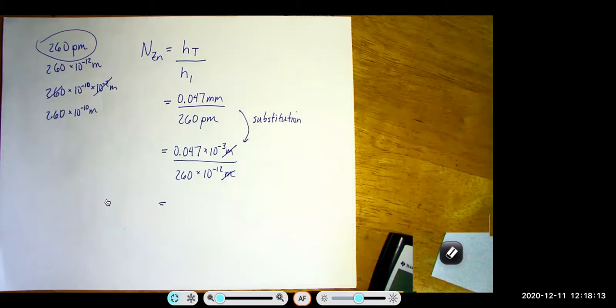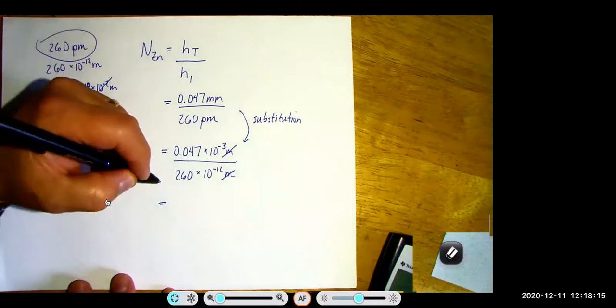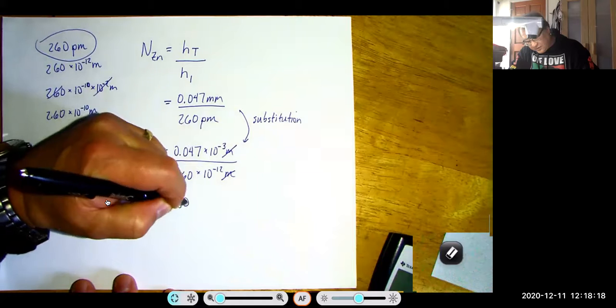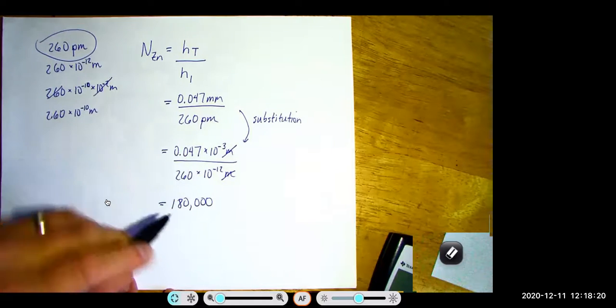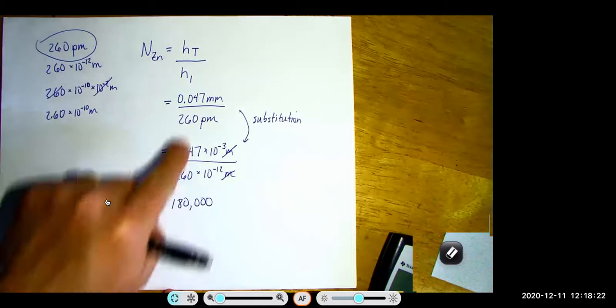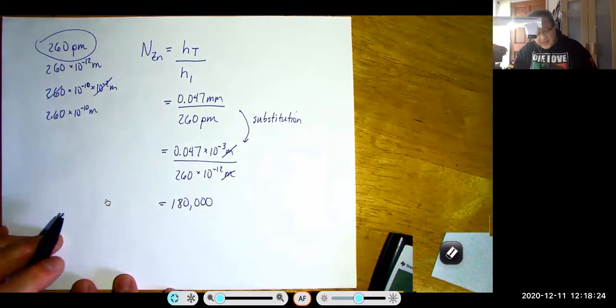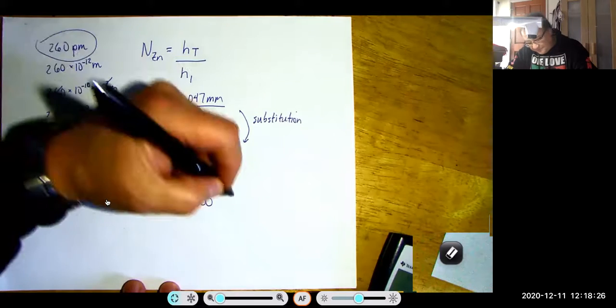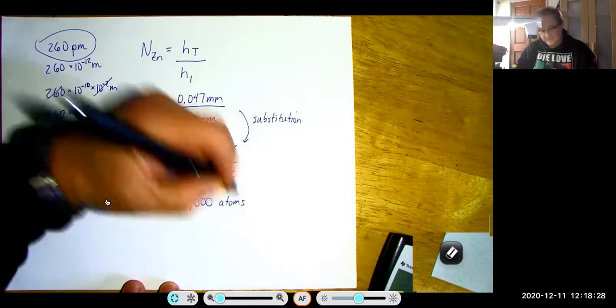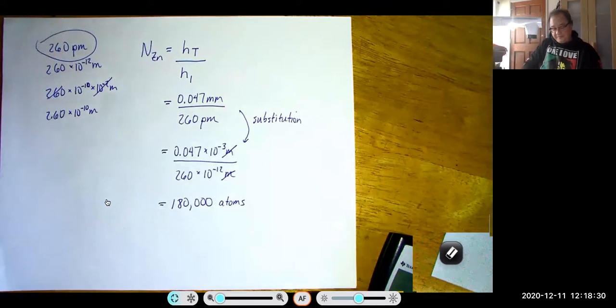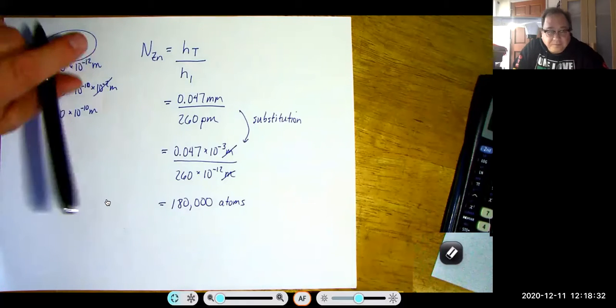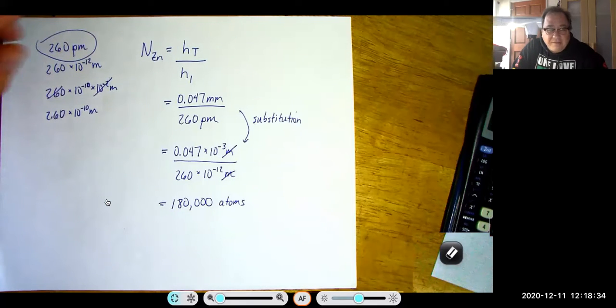I got 1.8 times 10 to the fifth. Okay, so I got the same. You round it to two significant figures because of that. 180,000 atoms. So I want you to think about that for a second.